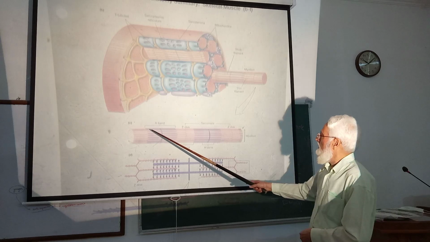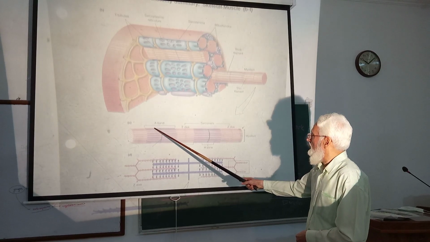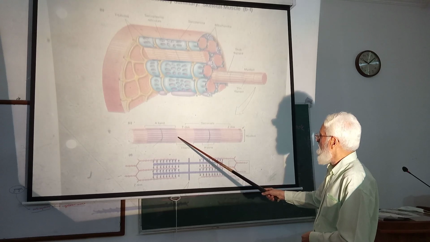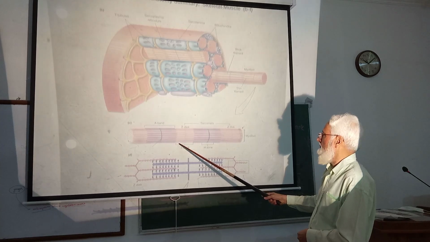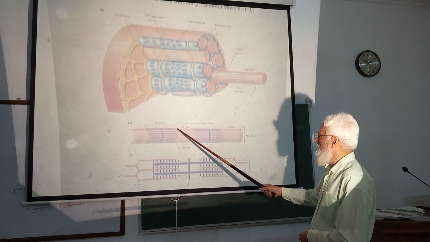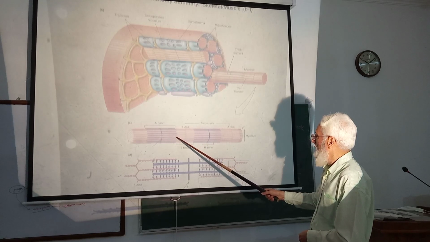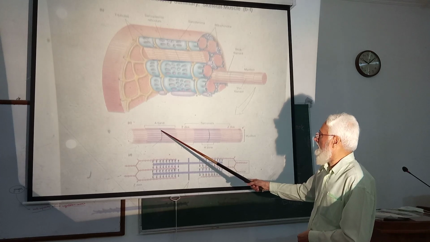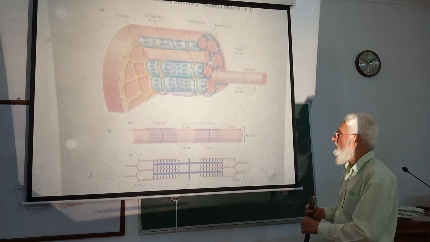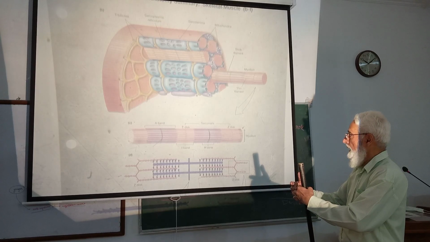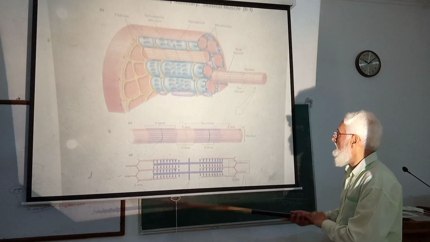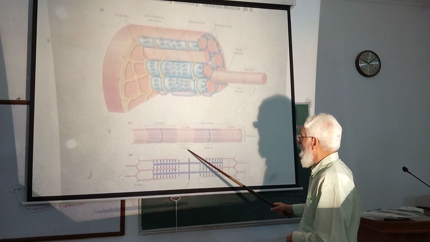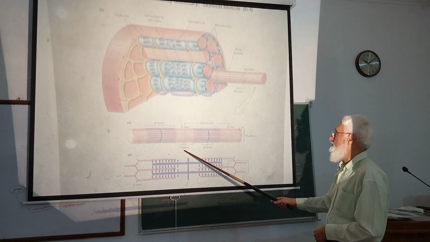This is the thick myosin filament, and these red colored ones are the thin or actin filaments. They partially overlap and interdigitate to form alternate dark band, called A band, and light band, called I band.